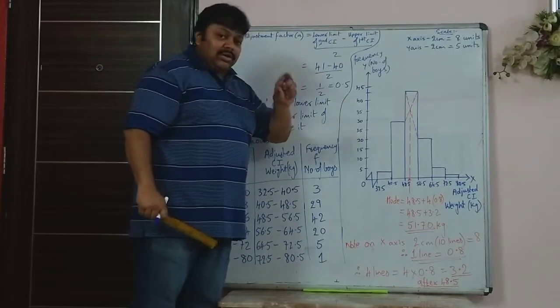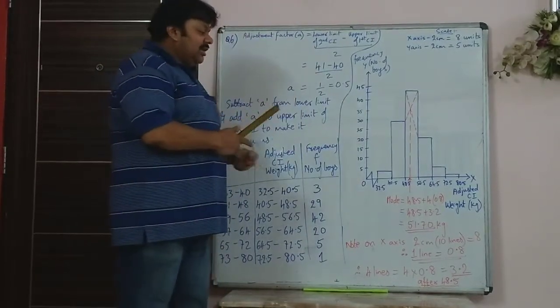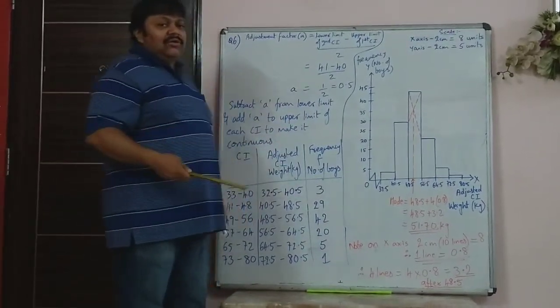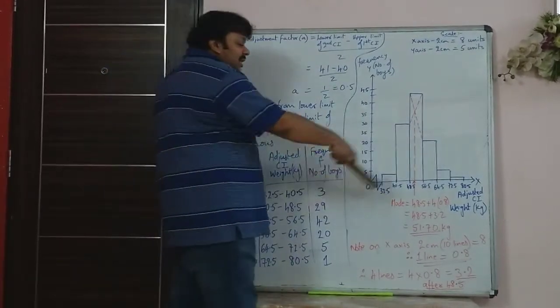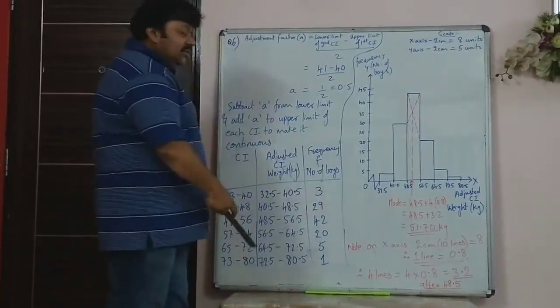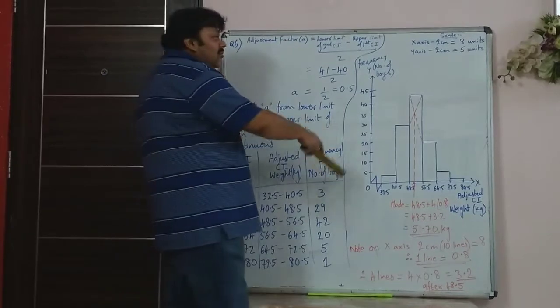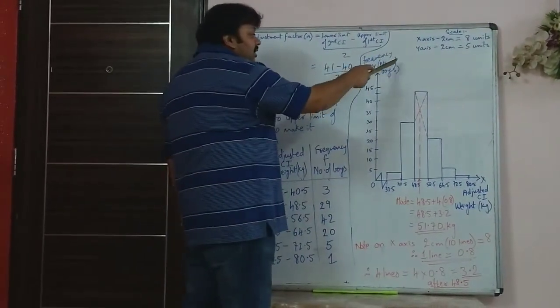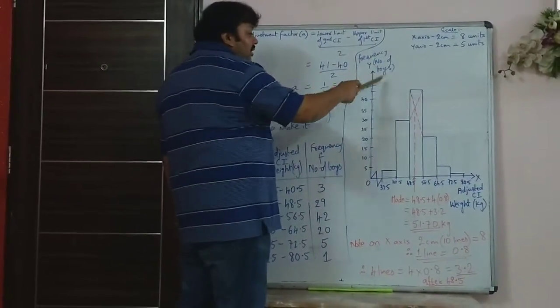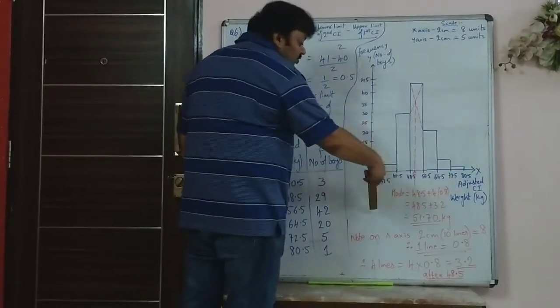That is one block in your big graph. Again, I will show it to you on the graph paper also. So the x-axis is the adjusted class interval, not the class interval, and the y-axis is frequency, number of boys. All this you have to show.